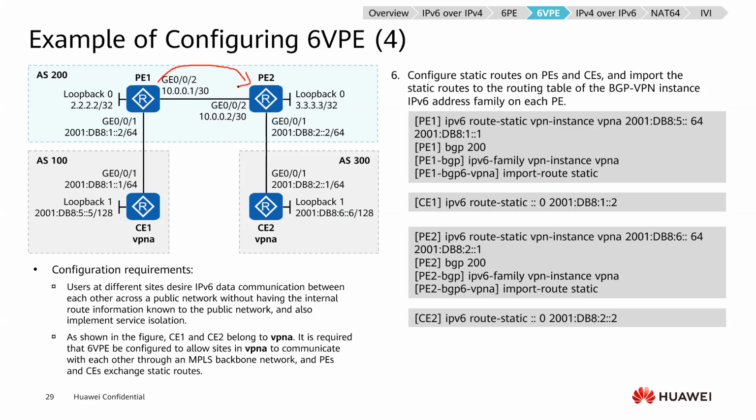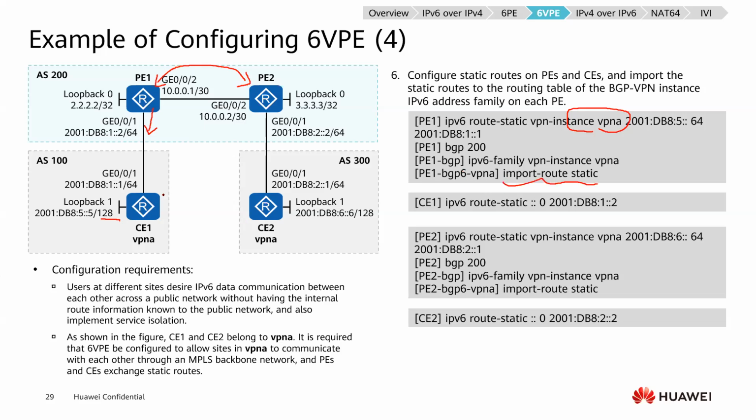Because you use IBGP to exchange routes between the PEs, and between the PE and the CE you use the static route, for the PE you need to configure the IPv6 static route bound to the VPN-A instance, destined to the CEs. And then you need to import the static route into BGP.